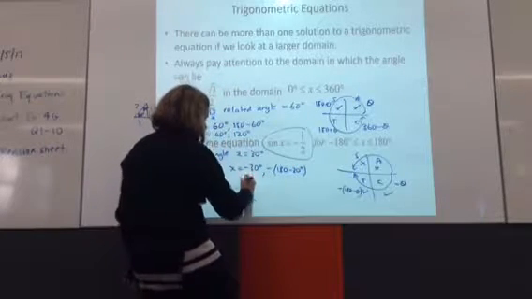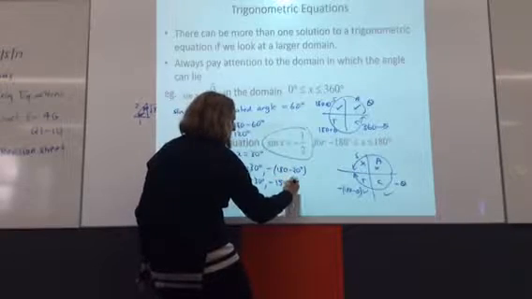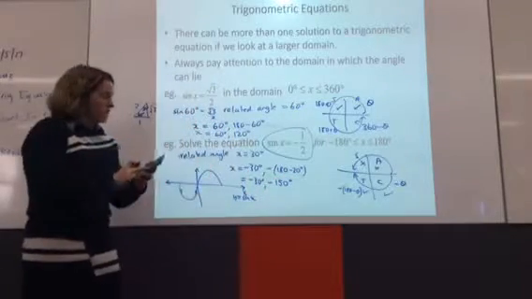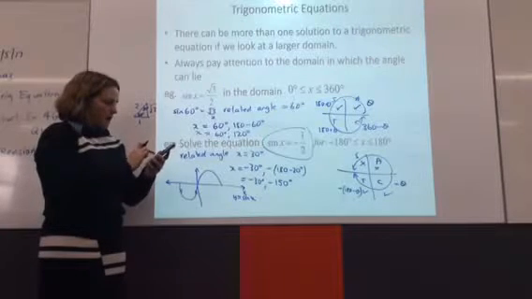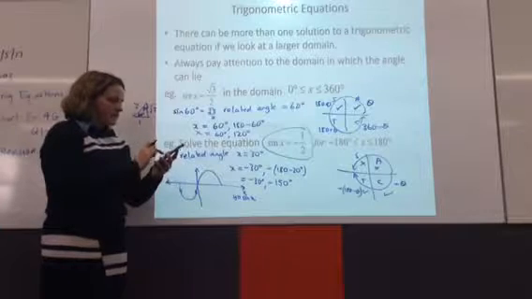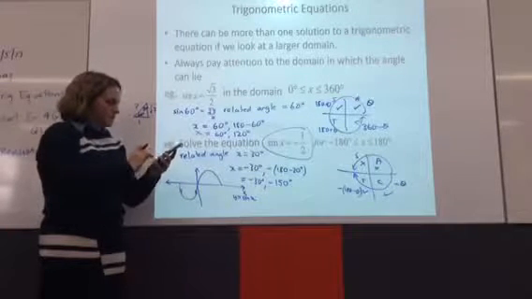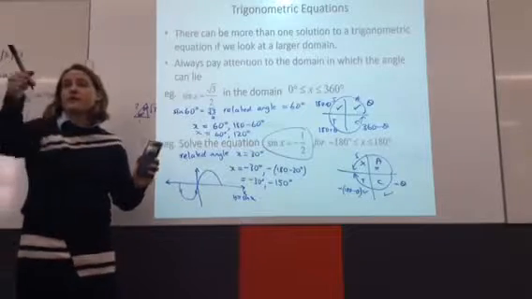Okay? So my answers are minus 30 and minus 150. Now, I want to check it on my calculator, so I type in sine of minus 30, and I get minus a half, and then I type in sine of minus 150, and I get minus a half. So I know they're okay.